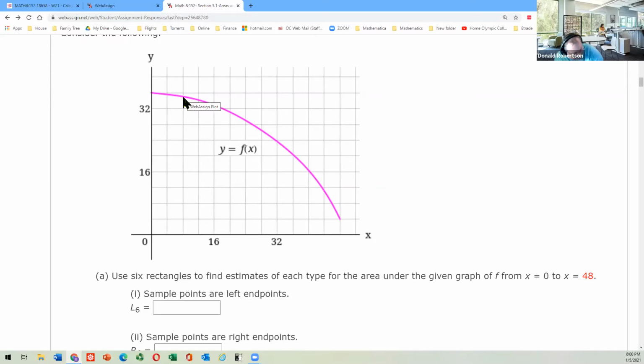And I'm going to say that that guy is just a little bit shy of 36, and I'm picking 35, but some of you might think it's 34.